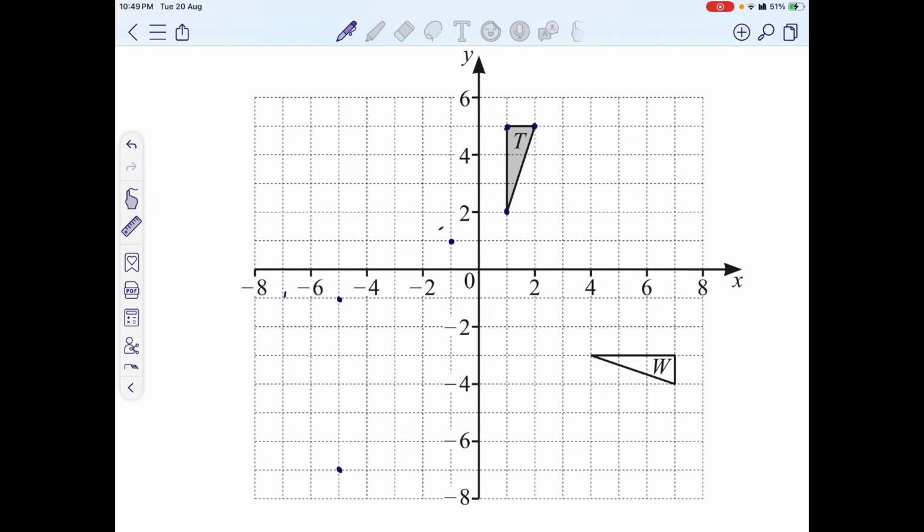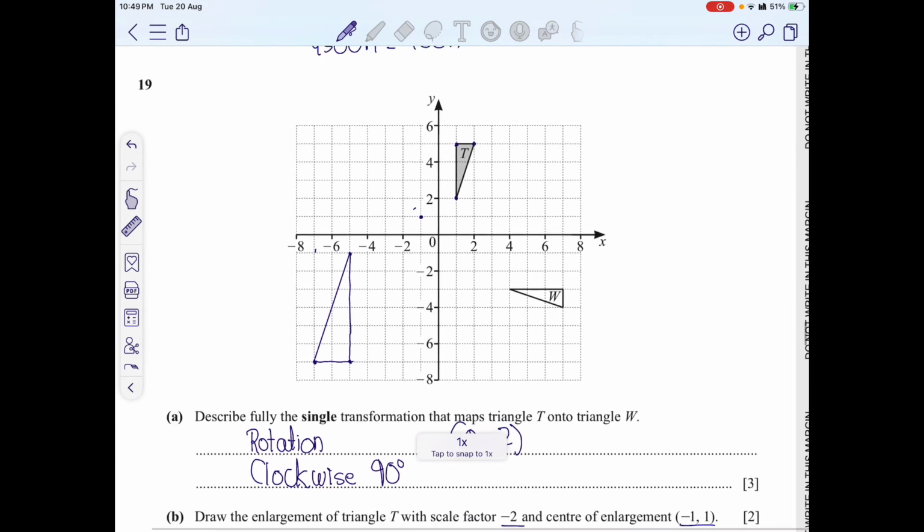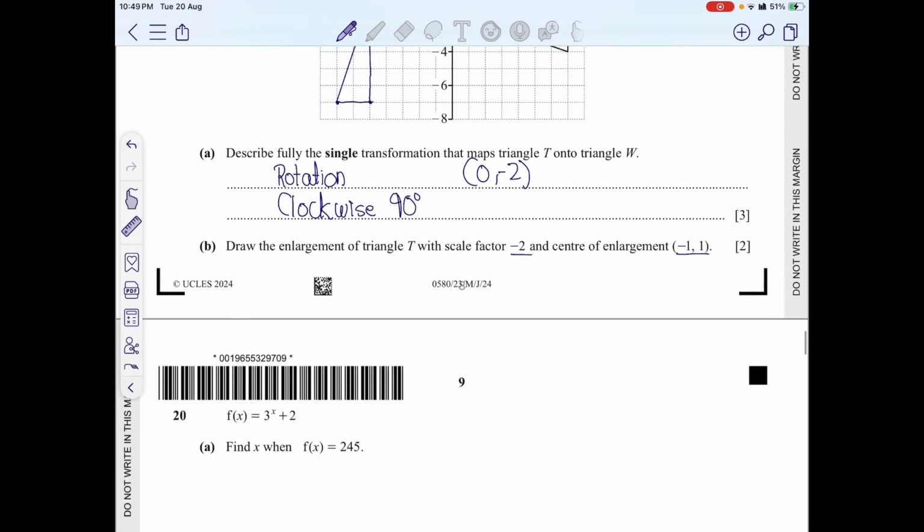So 6 to the left, 1, 2, 3, 4, 5, 6, and 4 up, so 8 down. 8 down, 2, 4, 6, and 8. Make sure you work carefully with the boxes. Choose whether you're going to work with the boxes or with the points, because sometimes they're not lined up carefully and I've made a mistake myself, so I'm warning you before. Then you just connect them together. Use a ruler in this case. Yeah, easy question for 5 marks.